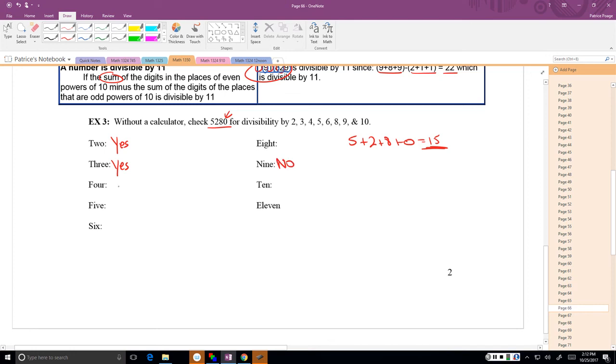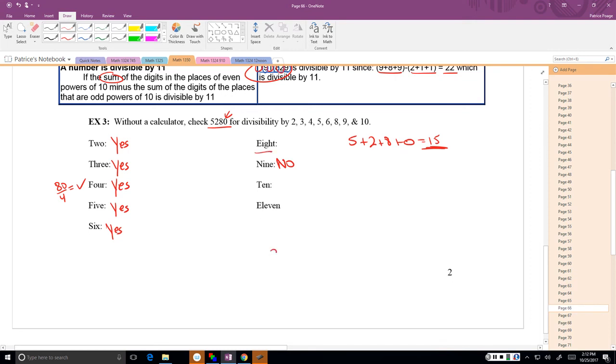Is it divisible by 4? Yes. How come? Because 80 is divisible by 4. Is it divisible by 5? Yes. How come? Because the last digit is either a 5 or a 0. Is it divisible by 6? Yes. How come? Because it's divisible by 2 and 3. Is it divisible by 8?